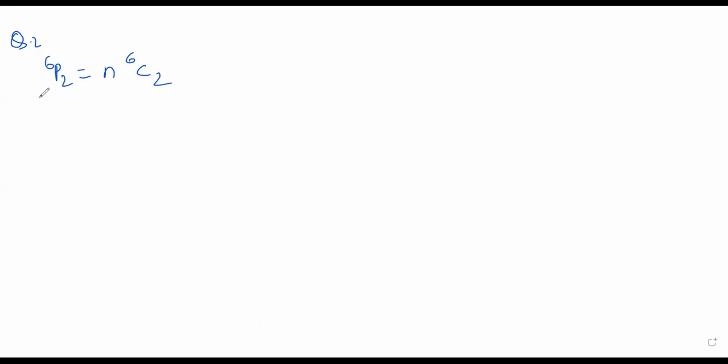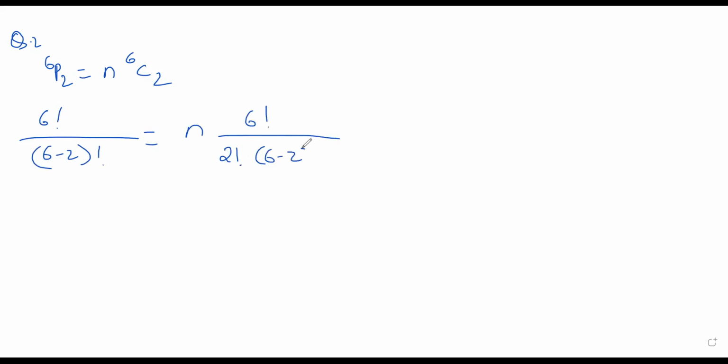Now we have to find n. 6P2 is 6 factorial upon 6 minus 2 factorial is equals to n, 6 factorial upon 2 factorial, 6 minus 2 factorial. This will get cancelled, this will get cancelled. You will get 1 is equals to n upon 2 factorial. N is equals to 2.